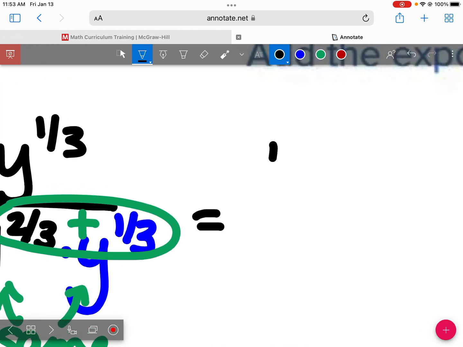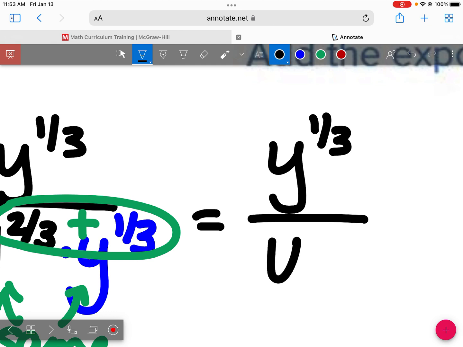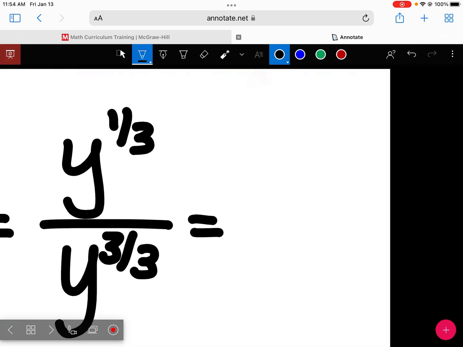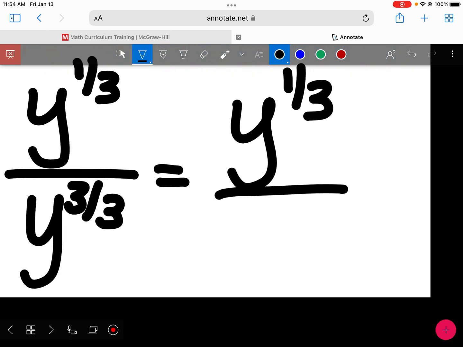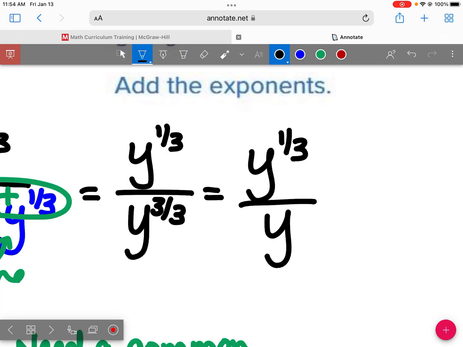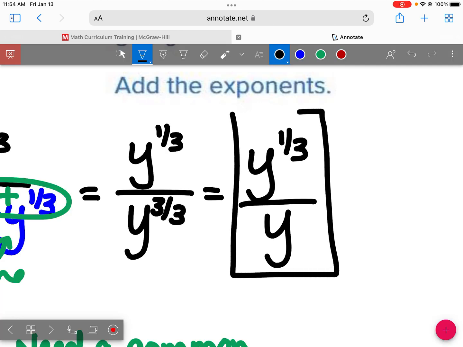What is 2/3 plus 1/3? Yep, 3/3 or 1. So this would be y to the 1/3 over y to the 1st power. I am allowed to leave it like that, but I'm not allowed to leave it with fractional exponents down in the denominator.